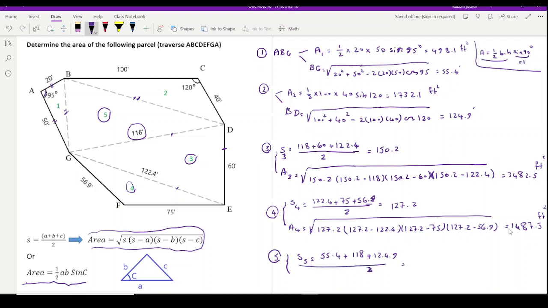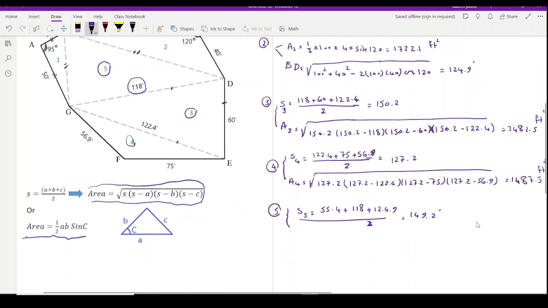If you solve it, it's going to give us 149.2 feet.